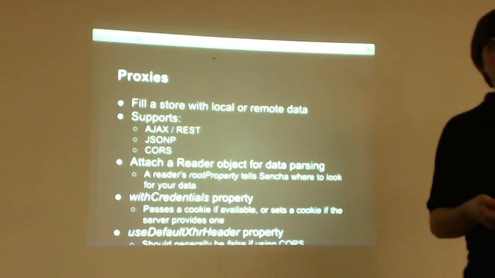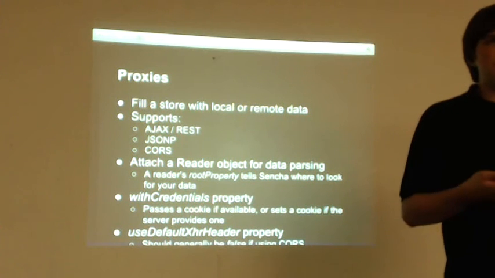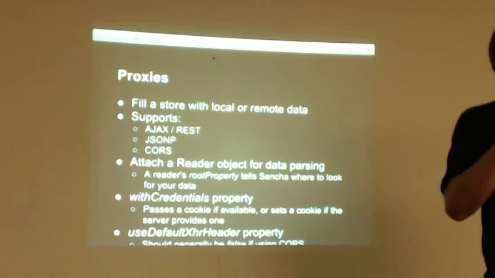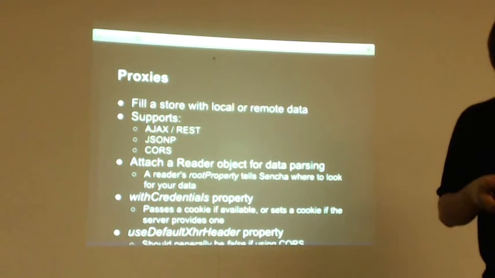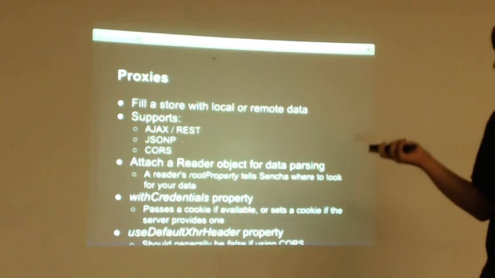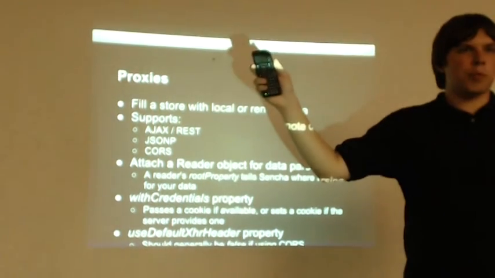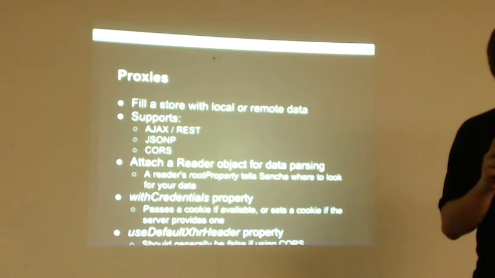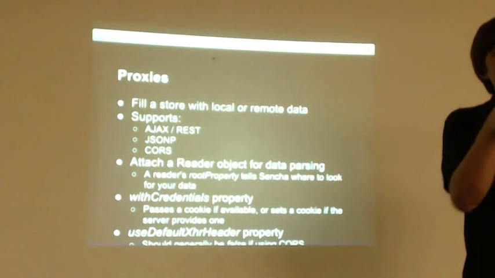Is anyone familiar with JSON-P? Alright, so JSON-P means JSON with padding. It's basically a giant hack to make cross-domain requests without actually making cross-domain requests. So how JSON-P actually works is that instead of requesting something directly from a website via XML HTTP request, it will insert a script tag into the DOM with the URL of whatever thing you want.